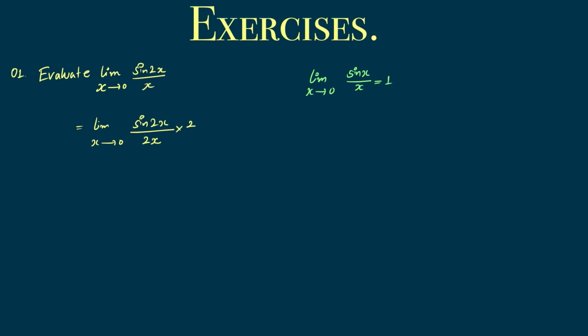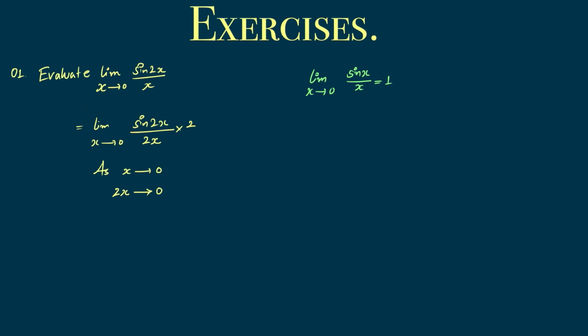We have to change the limit also, so we will write as x tends to 0, then if I multiply both sides by 2, then it will be 2 into x. 2x will also tend to 2 into 0 is 0. Okay, as you see 2 is constant here, we will write in front.